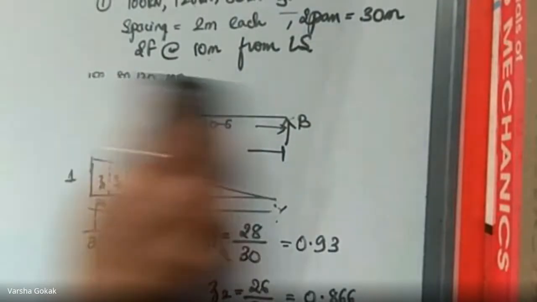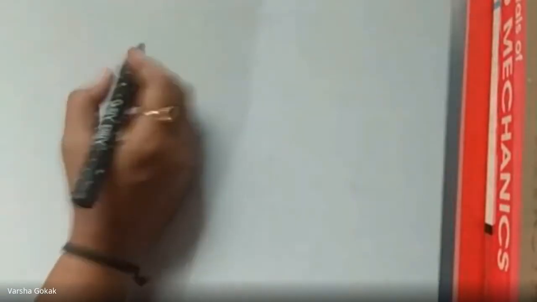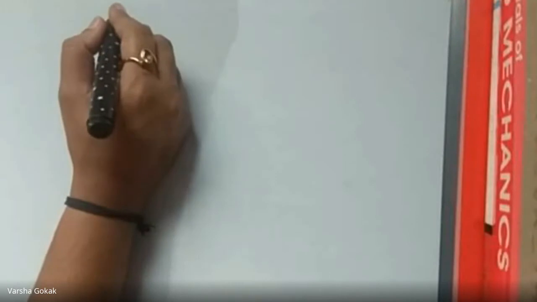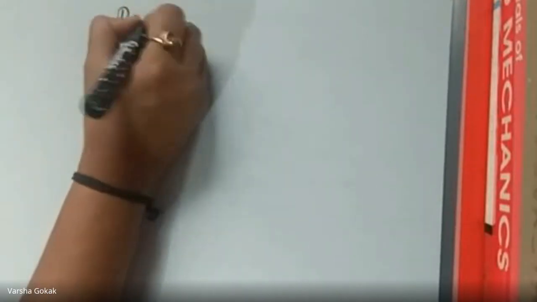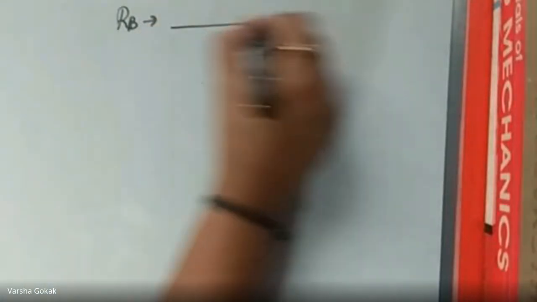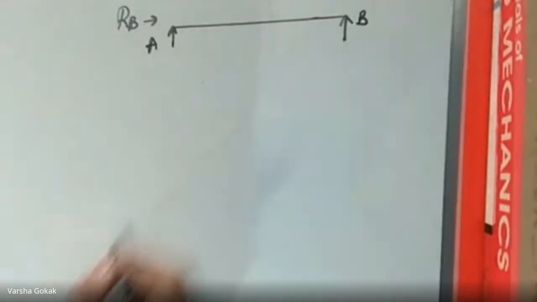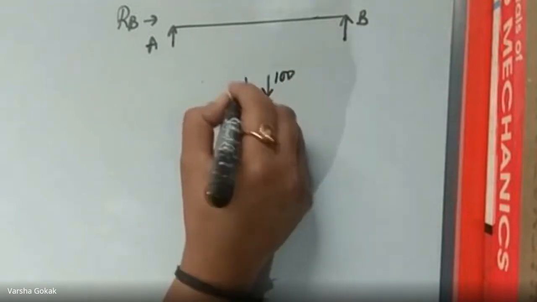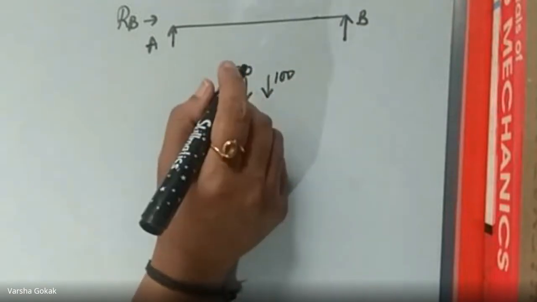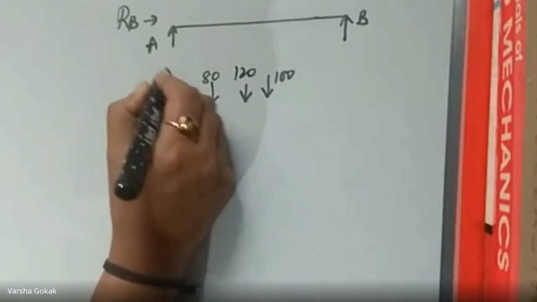Now if I want to find reaction RB, I'll just erase this. So how will we do the placing now? Everything will go towards B. This is A, this is B. They were moving in the order 100, 80, 120, then 80, and then 150.